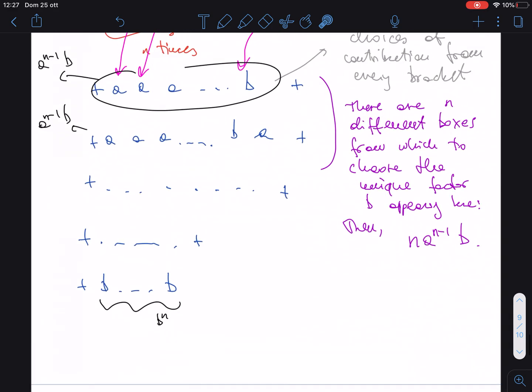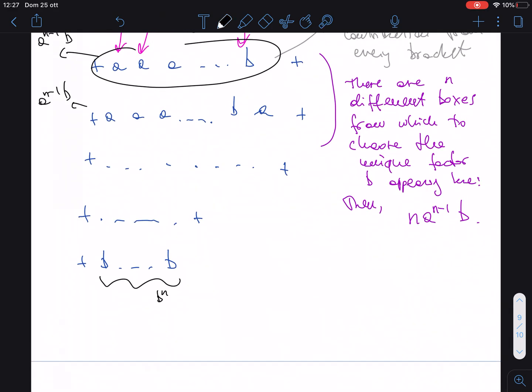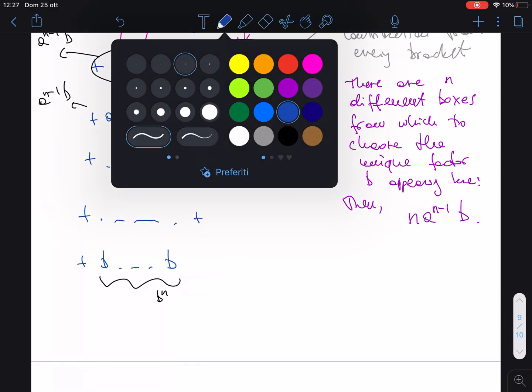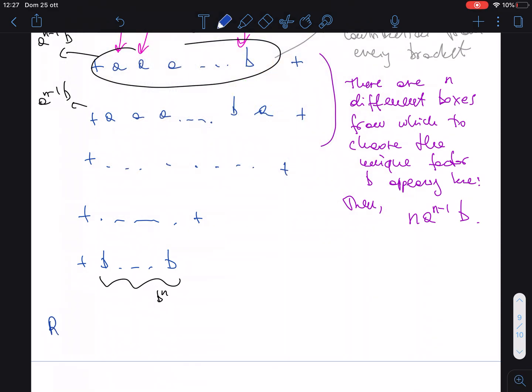In particular, I need to isolate some principle. So let me introduce three remarks.